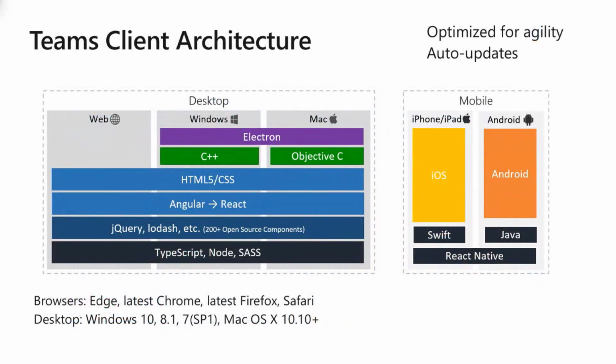Just to talk quickly about the Teams client architecture. Currently, the desktop application in Windows, Mac, and Linux, I should add Linux to the slide, is an Electron app, which means that there's common code between that and the web browser-based Teams. And then there are native applications for Apple and Android.